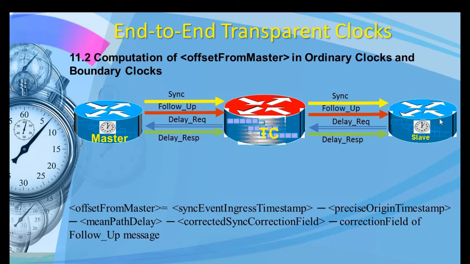The slave side sends the delay request message going through the transparent clock, arriving at the master. Then the master sends the delay response going through the transparent clock, reaching the slave side. Based on these messages, there is a message exchange between master and slave to calculate the offset from master on the slave side.